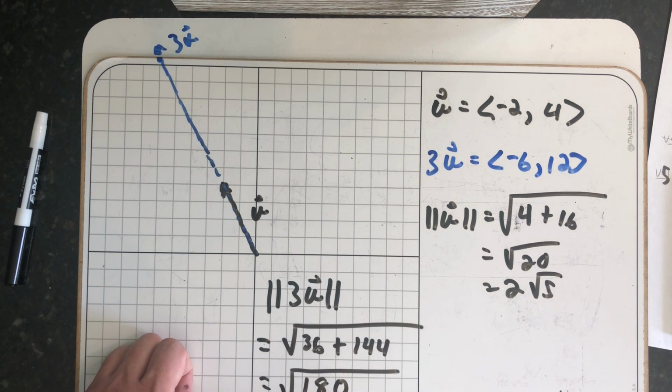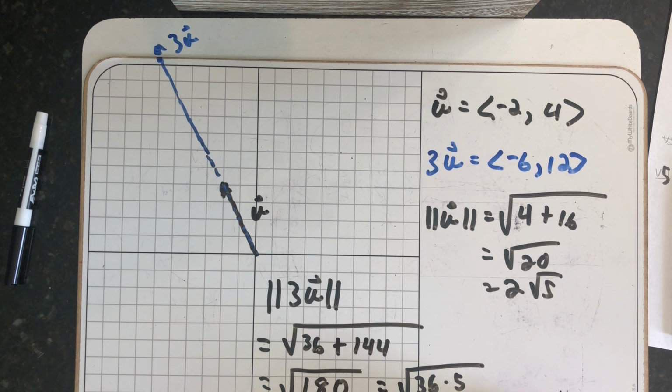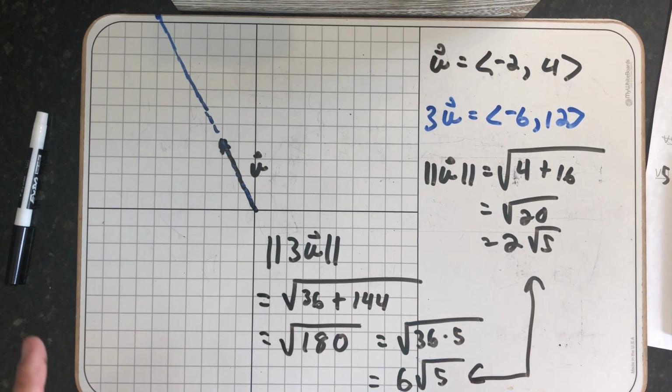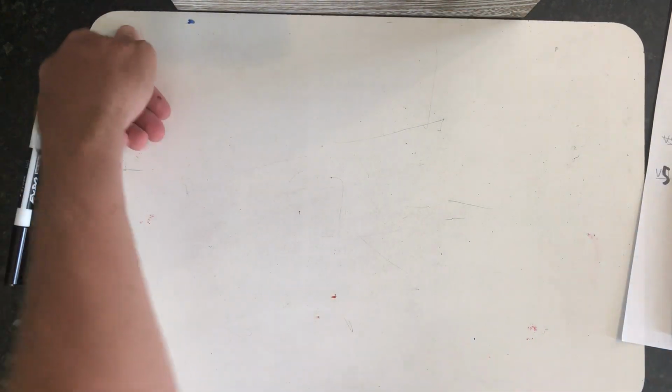Right away I see that 180 is 9 times 20, which can lead me to the better conclusion that 180 is 36 times 5. So I get 6 root 5. I look at these two distances, and 3 times u is really 3 times as long as u. So that lets us conclude something nice.